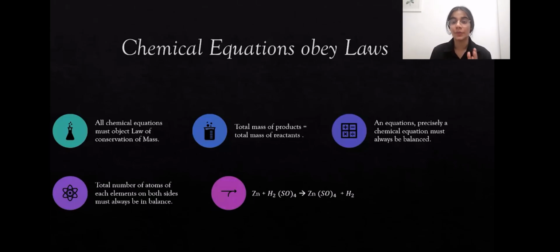Any chemical equation that is written down must always be balanced. Hence, the total number of atoms of each element on the left hand side must be equal to the total number of atoms of that element on the other side.